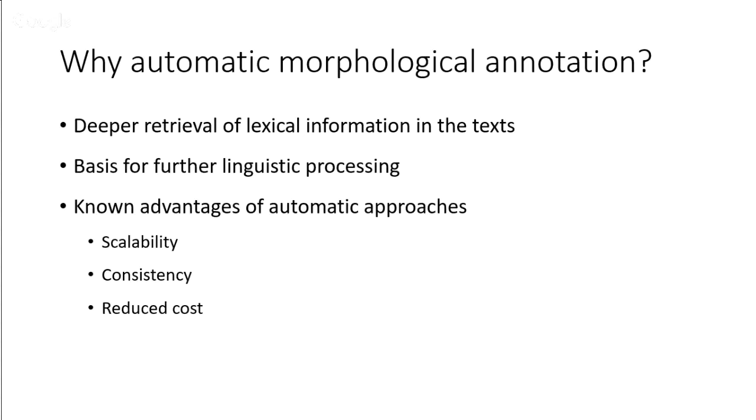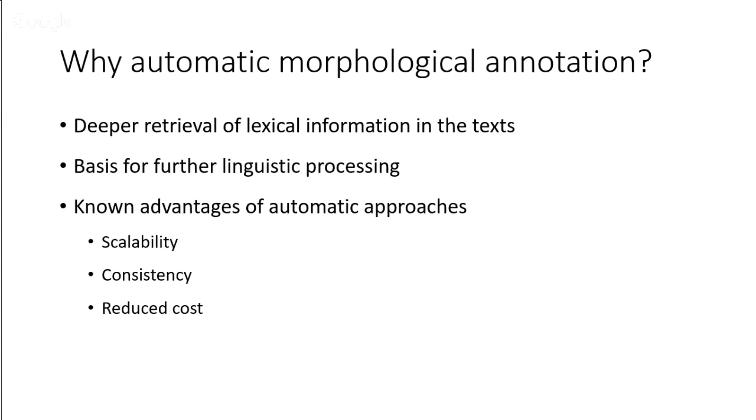So then having access to a morphological annotation tool will allow you to just specify a list of lemmas and be able to retrieve all the inflectional forms. So if I say amicus, then I'll also get all the accusatives and the datives and plural forms, singular forms, etc., etc. Also, of course, having morphological annotation means that we are a step further towards a more advanced type of linguistic processing.